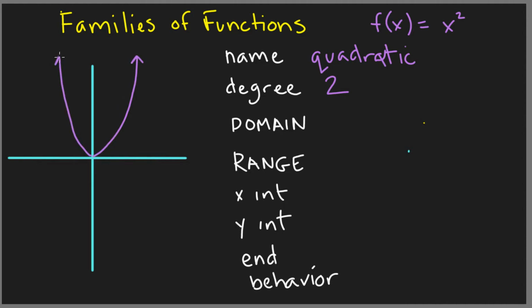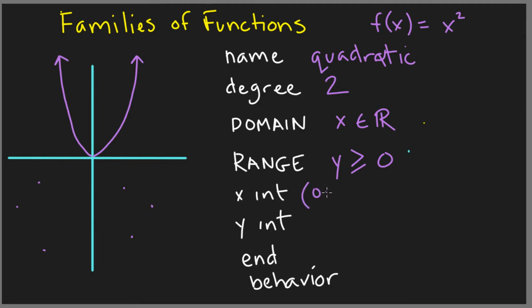So with the parent function, we get the vertex at 0, 0, and we're going up. My domain, x is going to be a member of all real numbers. And we don't get any points down here. 0, 0 is the minimum. So my range is going to be y is greater than or equal to 0.